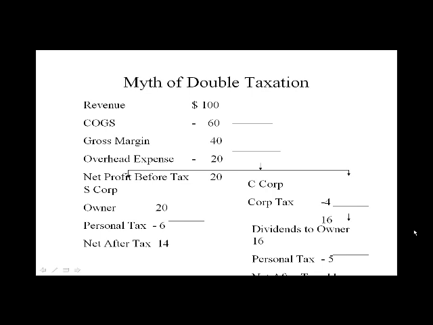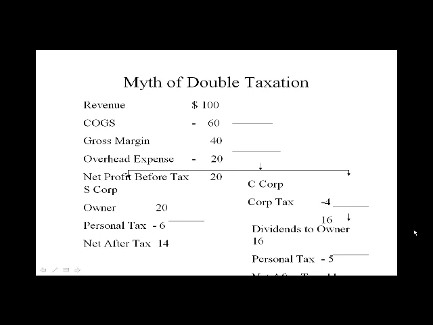Well, okay. So suppose your personal tax rate is 30%, or $6 on the $20 profit, let's say. So you pocket a net of 14. If you decide not to be an S corp, you pay 20% tax on the profit, so that's 4, which brings out 16.